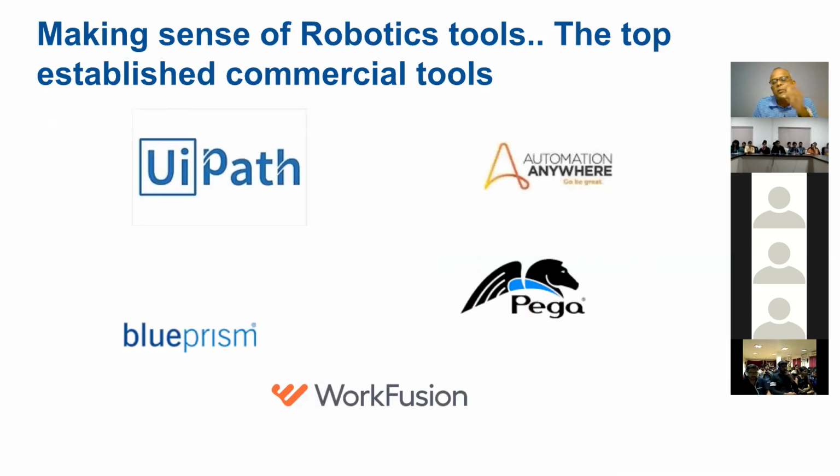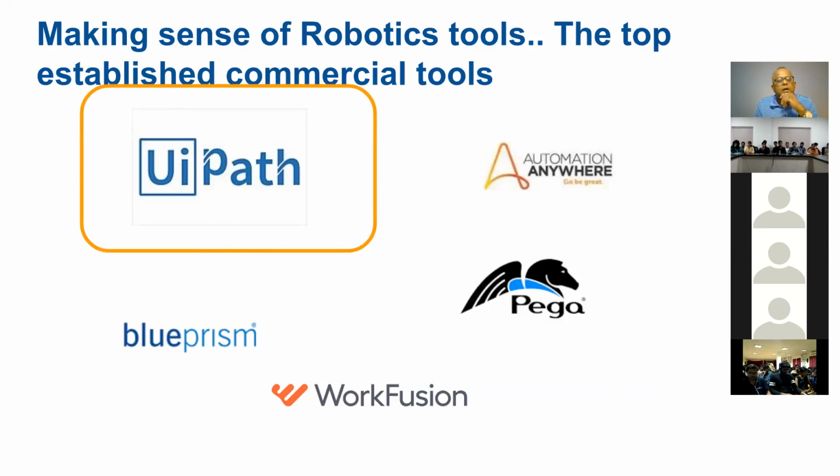So UiPath, Automation Anywhere, Pega, Blue Prism, WorkFusion are just a bunch of companies having more or less similar kinds of features. We're going to focus on UiPath. Why UiPath? Not because it's a favorite or anything like that. UiPath has a community edition, and we will be doing our case study and using UiPath for bot building during the case study phase.